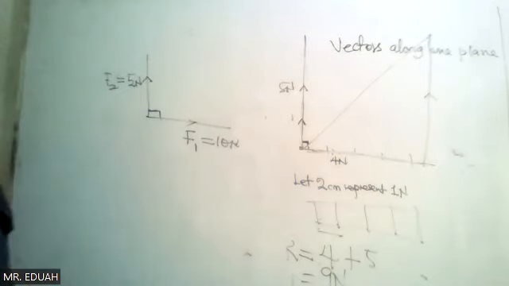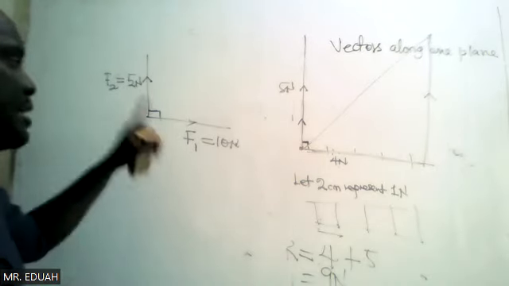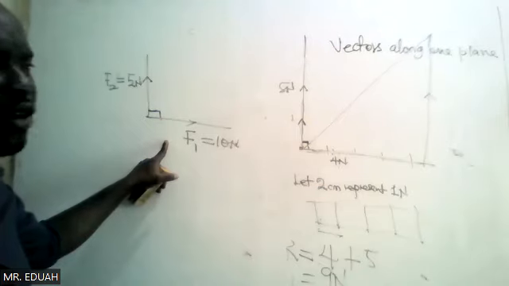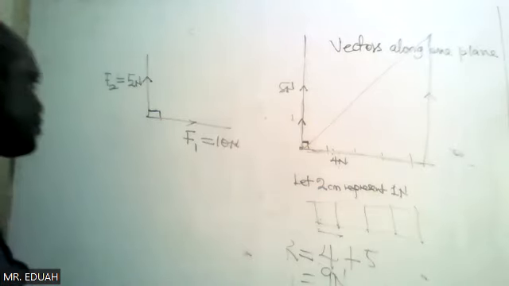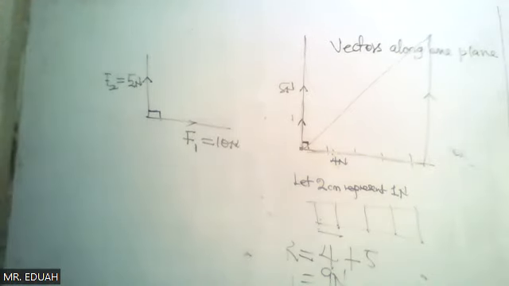I'm told to find the resultant and the direction of the resultant. Here, the two forces are acting along two planes, so their directions do not make sense yet. So I have to realign their directions to follow a sense of orderliness, and I can do that by using the equal vector approach.